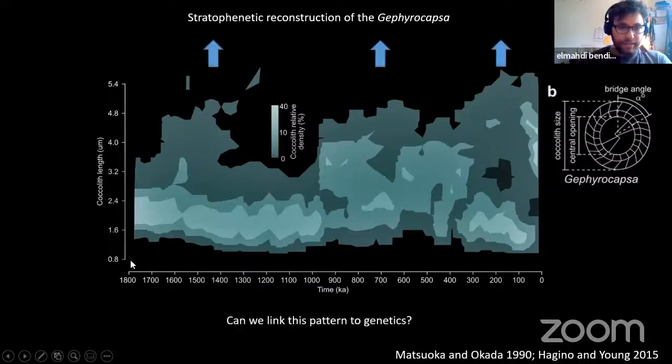We can see that through time, that group seems to have increased its coccolith size three times. It's a pattern that can be seen in many coccolithophores as well, but it has also been well described and documented in the Reticulofenestra, which is really close to the Gephyrocapsa.